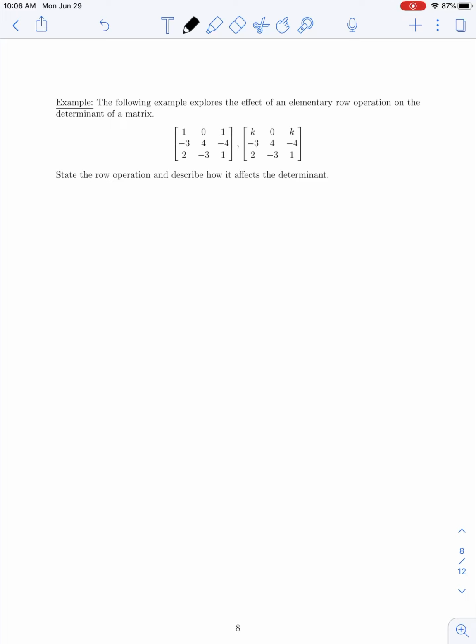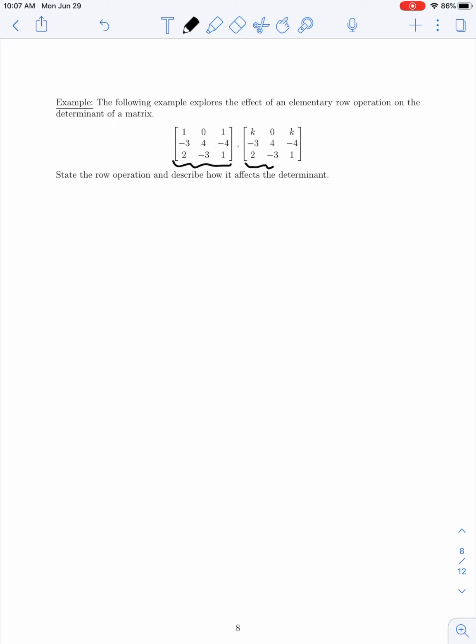In this example, we'll have two 3x3 matrices that are related by some elementary row operation. So we want to determine what row operation was performed and see how it affects our determinant. Our original matrix was the following 3x3.